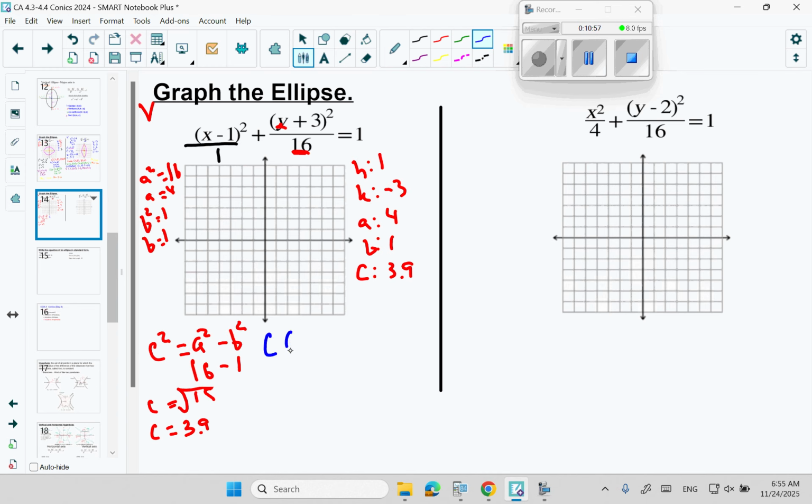So center, h, k, so 1, negative 3. We get vertices. Because it's vertical, h stays the same for both. And then it's k plus or minus a. So negative 3 plus 4 is 1. Negative 3 minus 4 is negative 7.